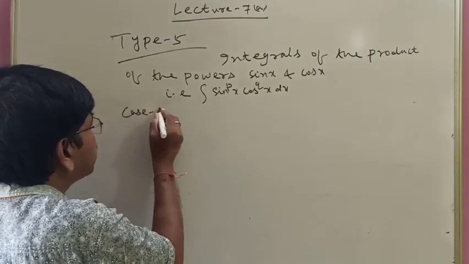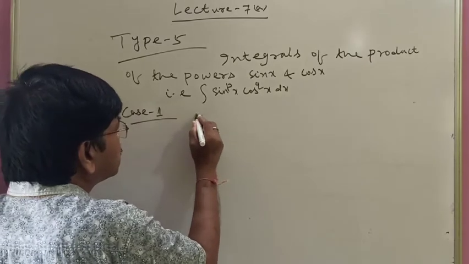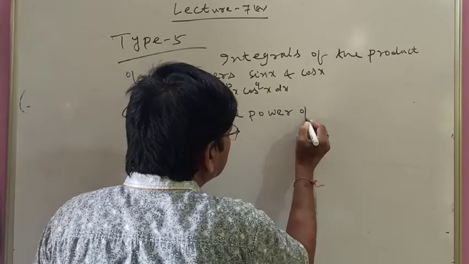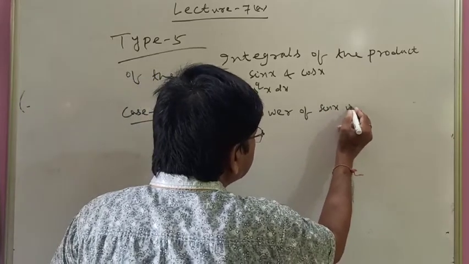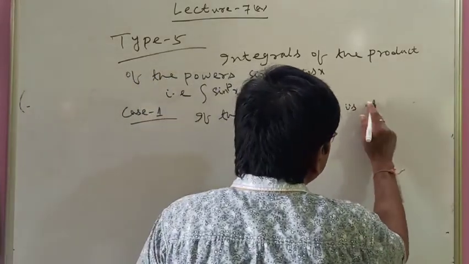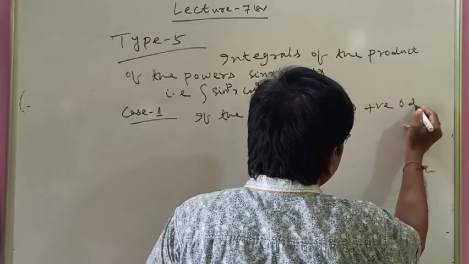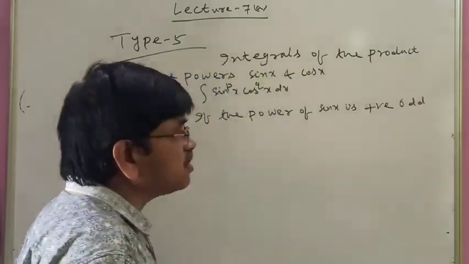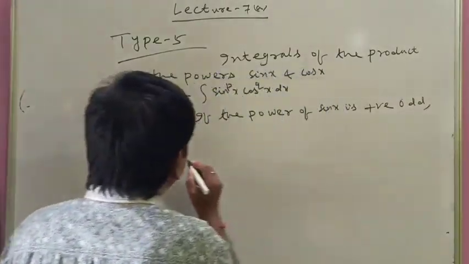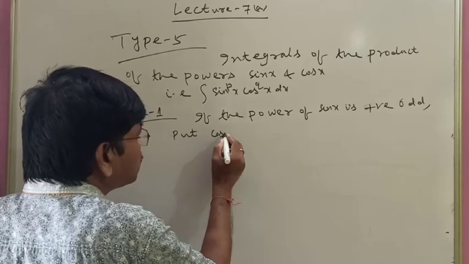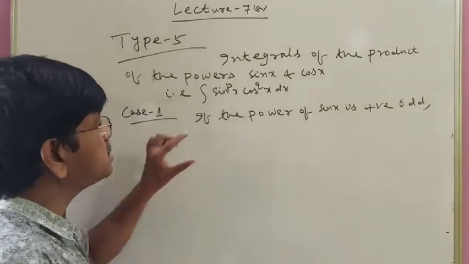Case 1, you write: if the power of sin x is positive or odd, put cos x is equal to t. You see here the power of sin x is positive odd.